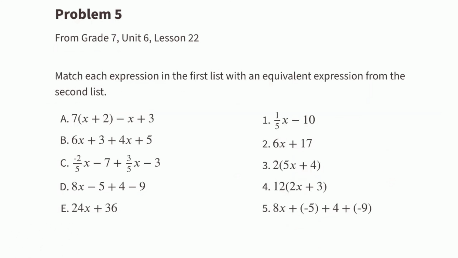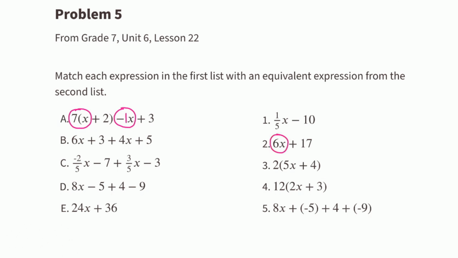Problem number 5 from 7th grade, Unit 6, Lesson 22. Match each expression in the first list with an equivalent expression from the second list. Expression A has 7 times x, which would be 7x. It also has a minus x, which is the same as minus 1x. 7x minus 1x is 6x.